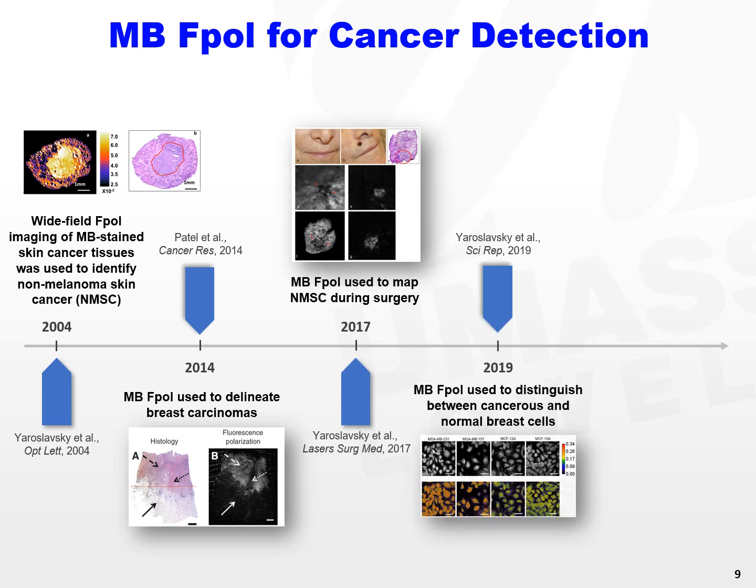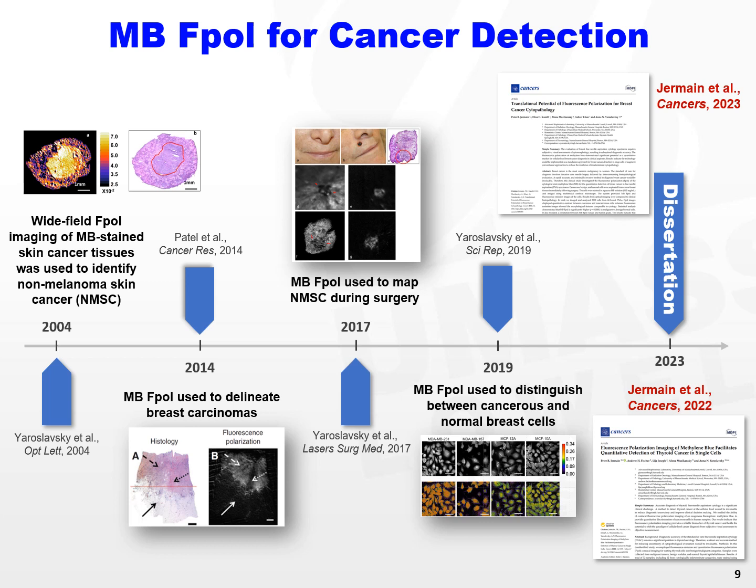And more recently, this technique has been used to distinguish between cancerous and normal breast cells in human cell cultures. That brings us to this dissertation, which includes the first two studies of breast and thyroid cells obtained from actual patients.